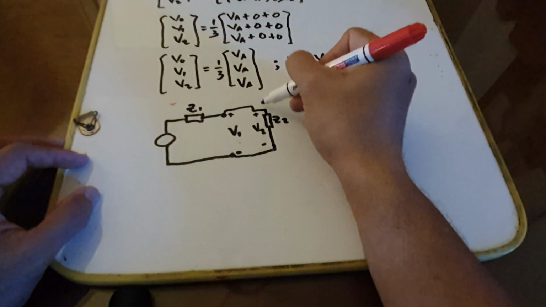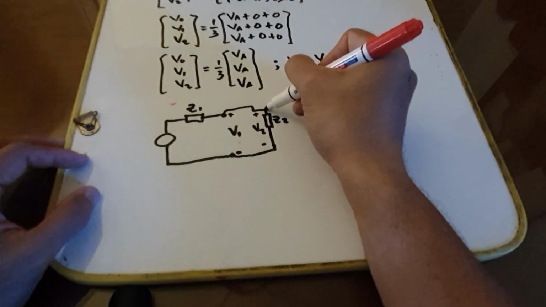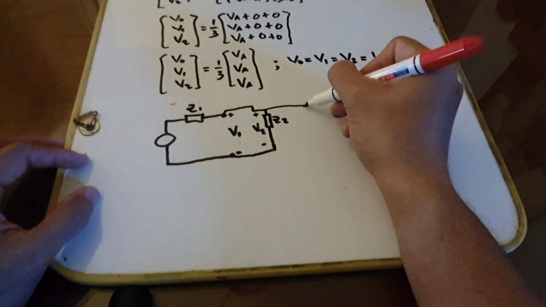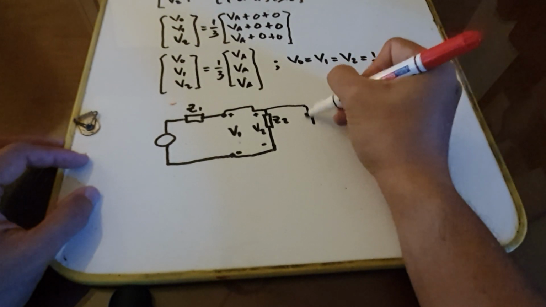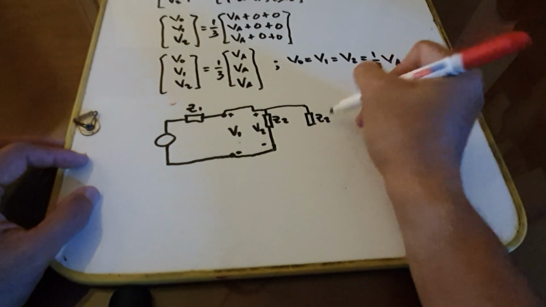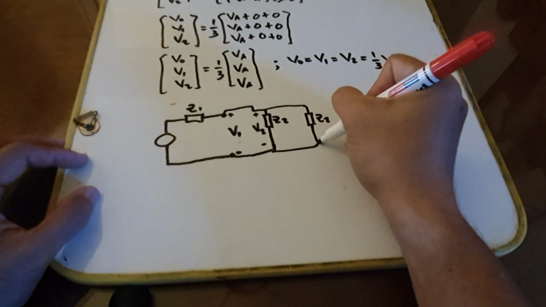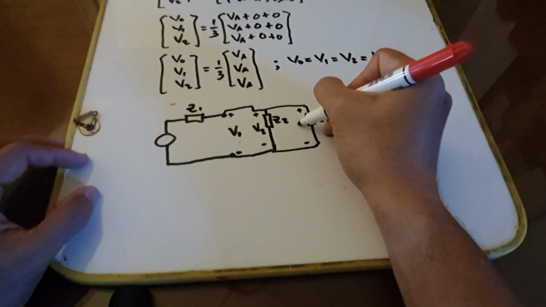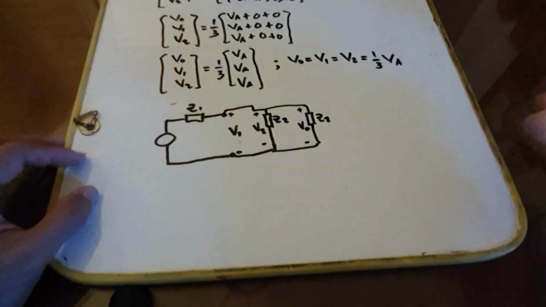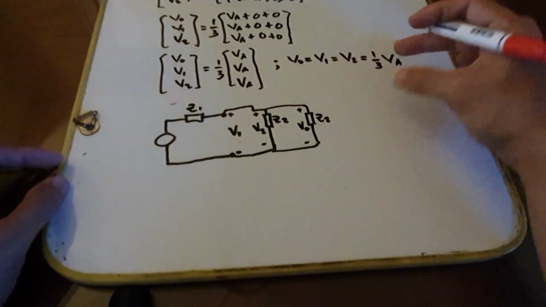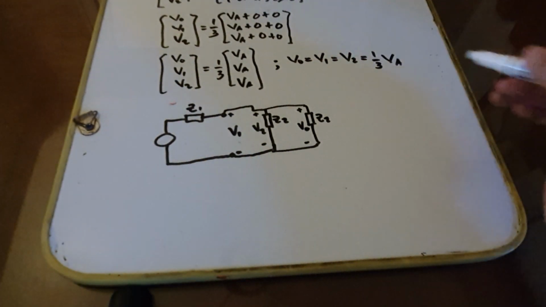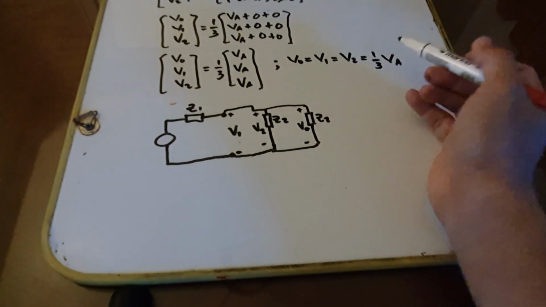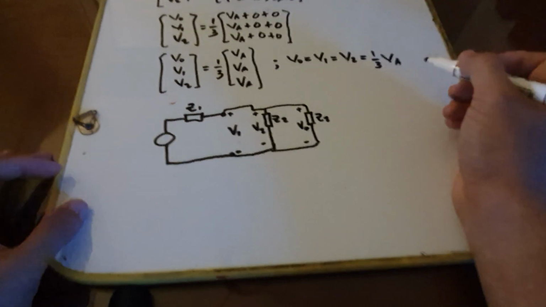The same with the zero sequence, this is Z0. They are connected in parallel. This is V0. Okay, it complies with the derived formula that V0 is equal to V1 and V2, which is equal to 1/3 VA.